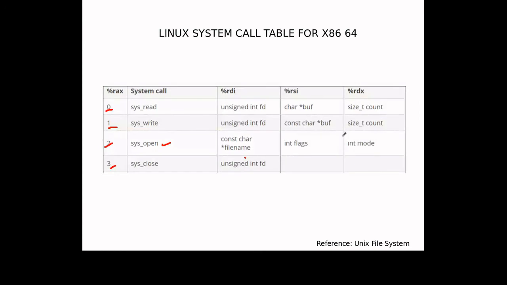So RAX should contain 2. Then RDI will contain the file name, which file we have to open. Then RSI contains the flag. I have told you the flags, right?